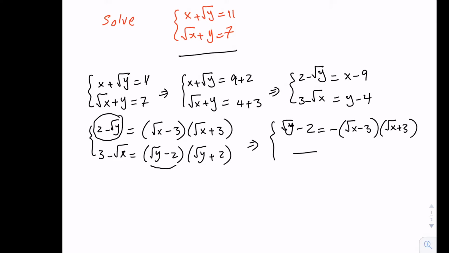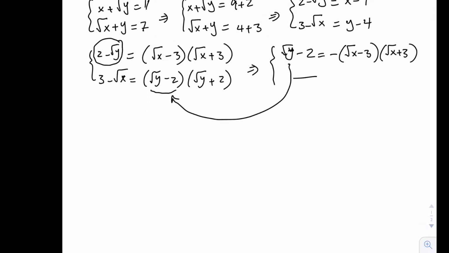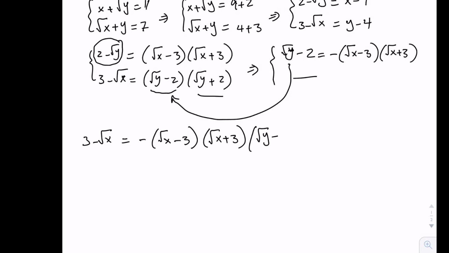Now let's replace this term into the second equation, and we will have 3 minus square root x equal to minus square root x minus 3 times square root x plus 3 times this term, square root y plus 2.